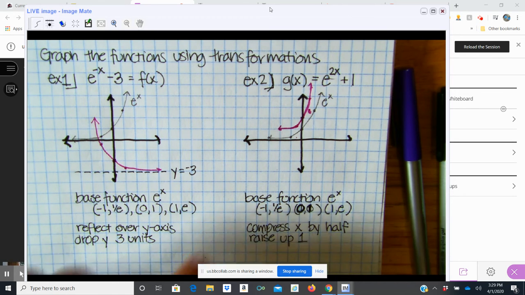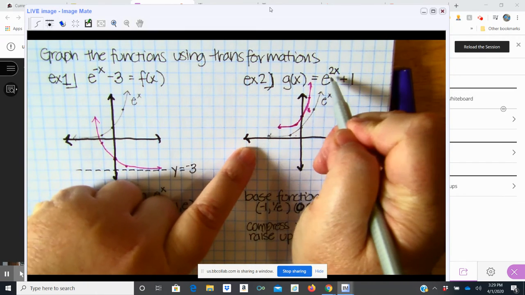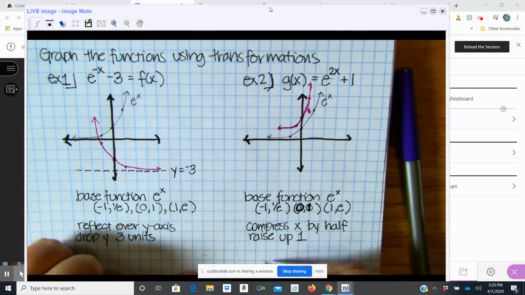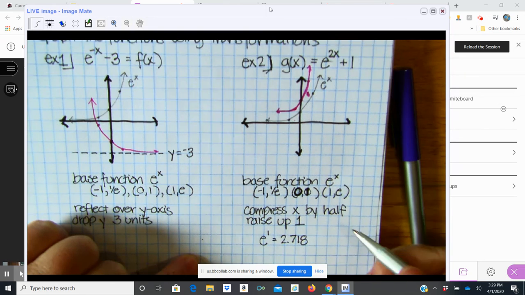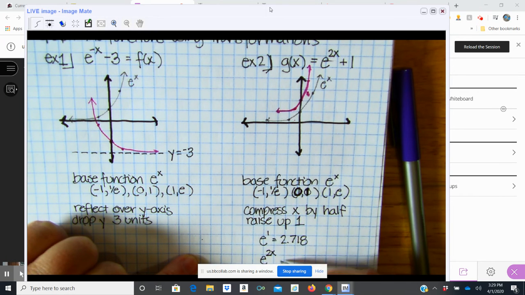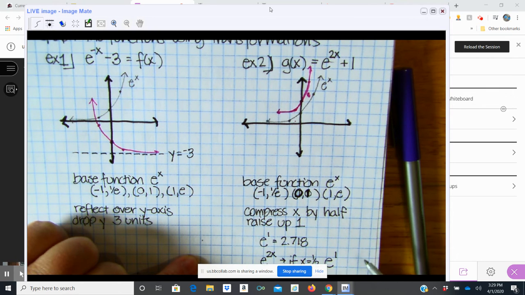Okay, so for this particular one, we know that e to the first is 2.718. But if I have e to the 2x, then if x is 1/2, that's when I get e to the first.